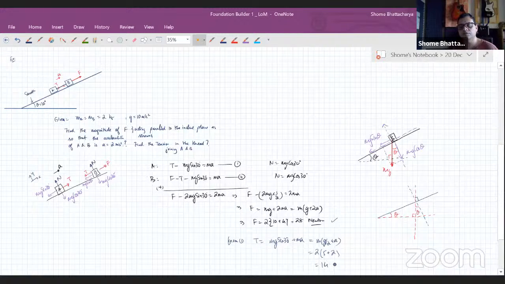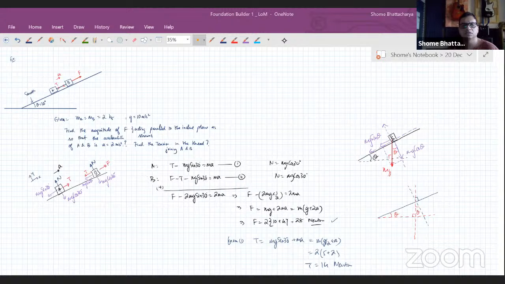It will exactly become half. Mg sine theta is acting down the inclined plane.